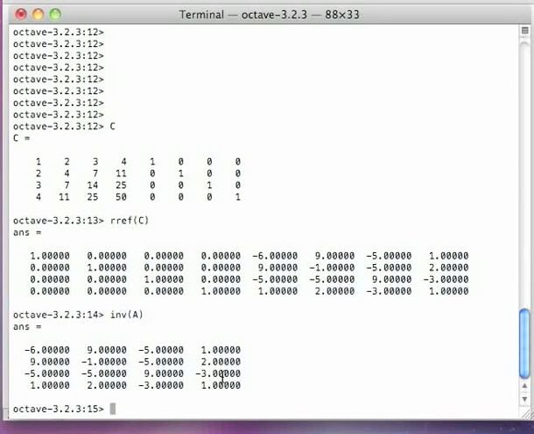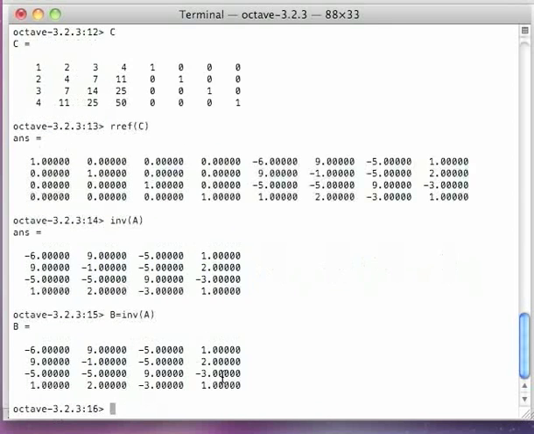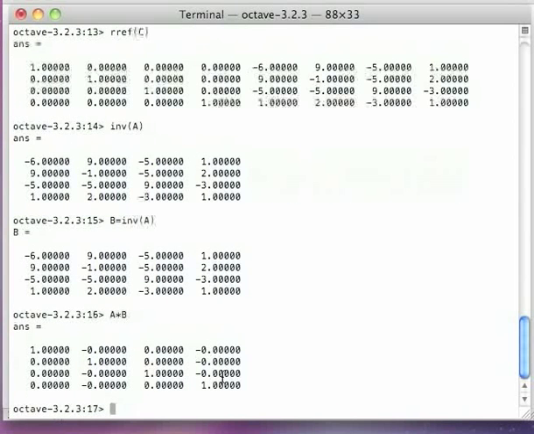But notice one thing: if I let B equal the inverse of A, and I multiply A times B, notice what happens. I get some little negative zeros in here, right? 0 is 0, but somehow it put it as negative 0.